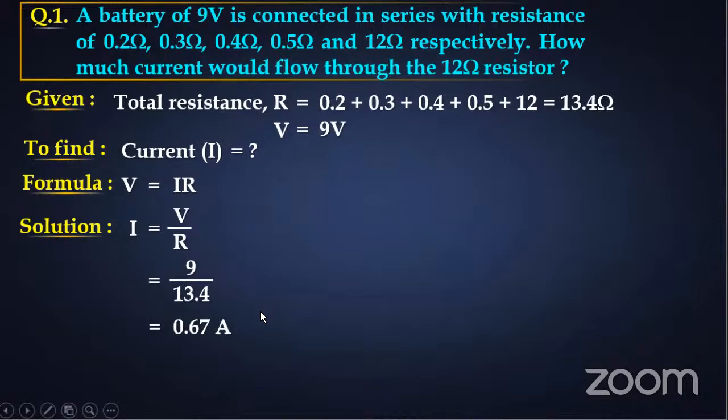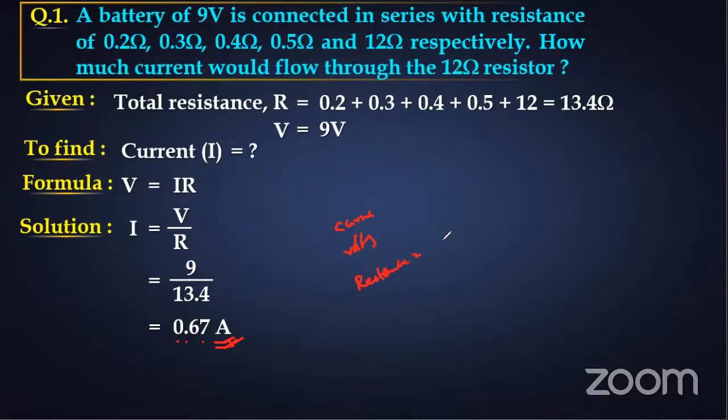0.67. What are the units of current? Amperes. So 0.67 amps. Don't forget to mention the units, whether it is current, volts or resistance. What are the units of resistance?